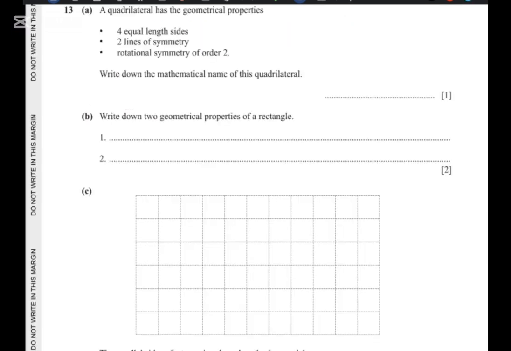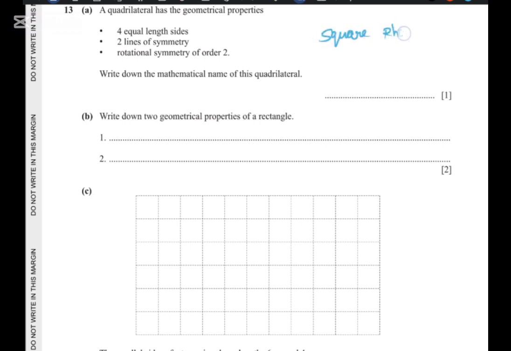Question number 13. A quadrilateral has the geometrical properties: 4 equal length sides, 2 lines of symmetry, rotational symmetry of order 2. Now quadrilaterals with equal sides are both square and rhombus.